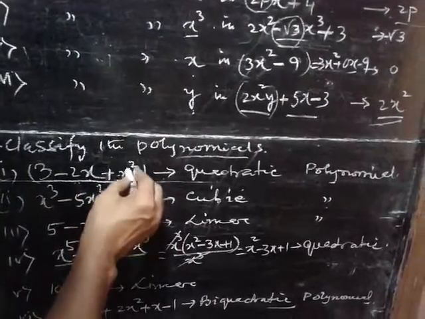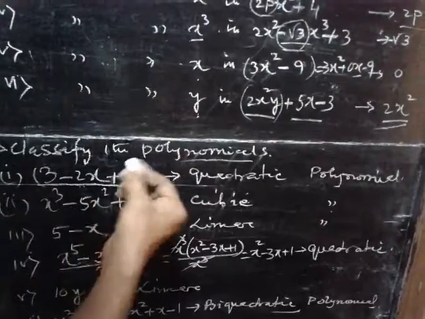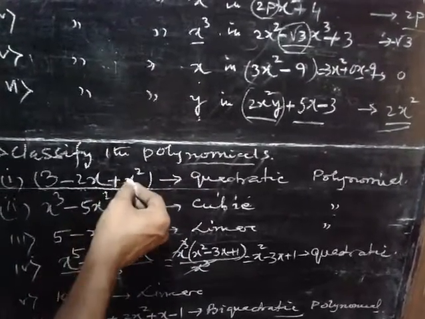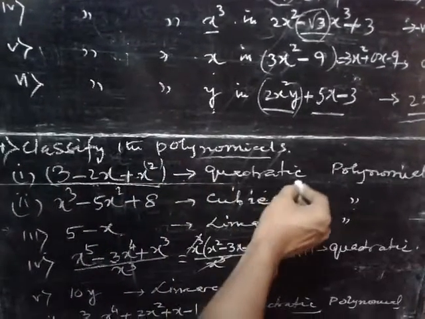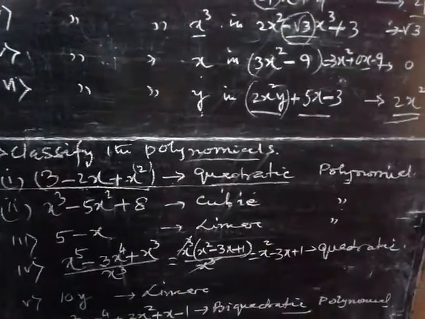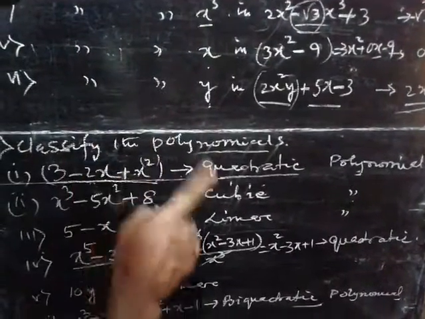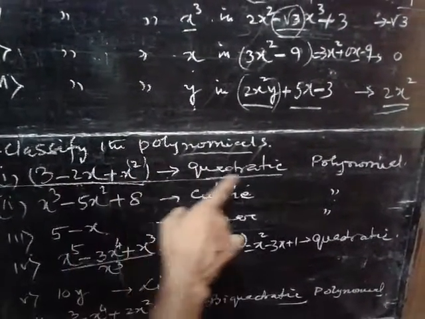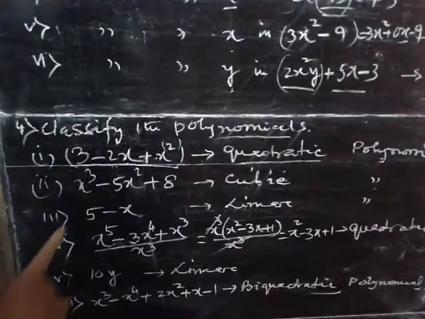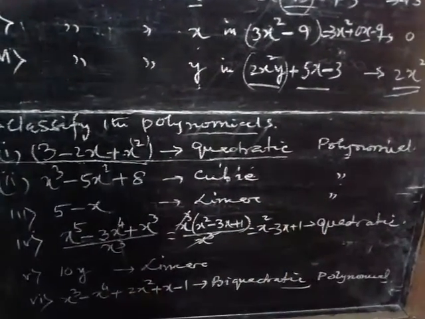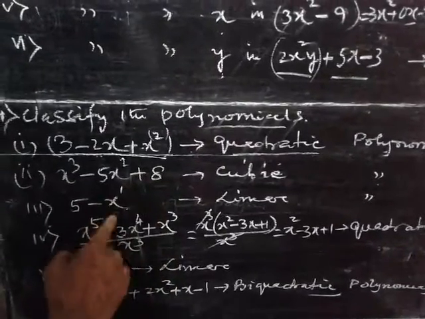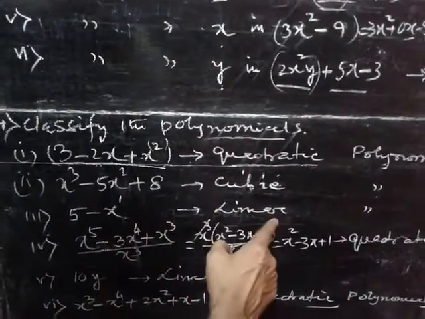See here, the maximum power of the variable is 2. So this is called a quadratic polynomial. When the maximum power of any polynomial is 2, that is called a quadratic polynomial. If it is 3, then it is called a cubic polynomial. If it is 1, this is called a linear polynomial.